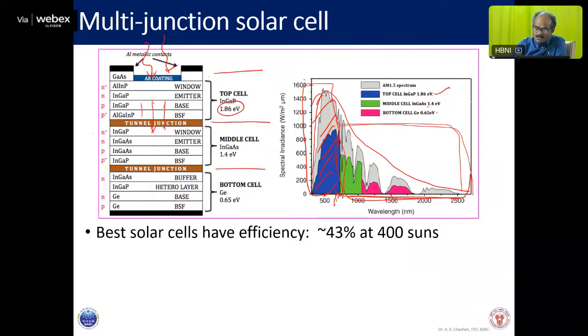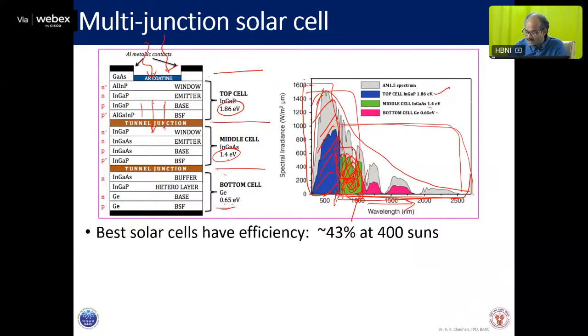The middle one has a band gap of 1.4 eV, corresponding to the energy at this point. So this entire area will be absorbed by the middle one. However, any radiation having energy less than 1.4 eV will not be absorbed and will still pass. Now you have the lowest band gap germanium solar cell, which has 0.65 eV.